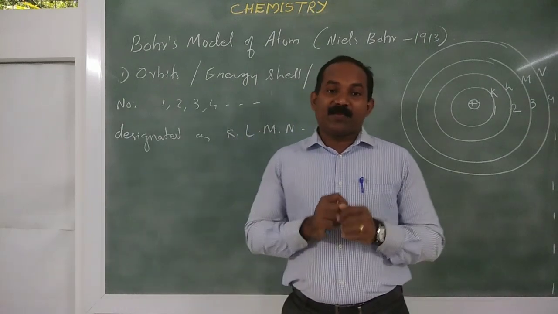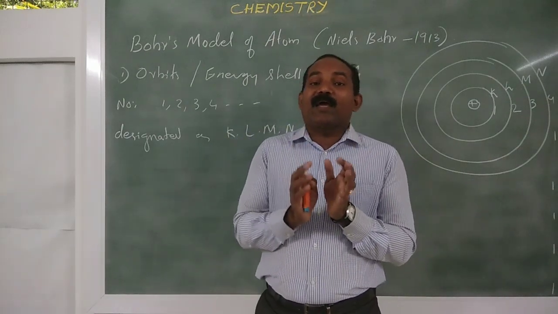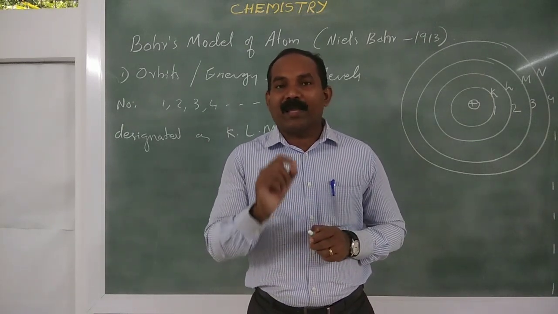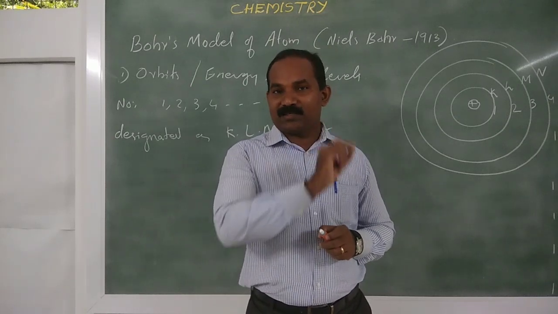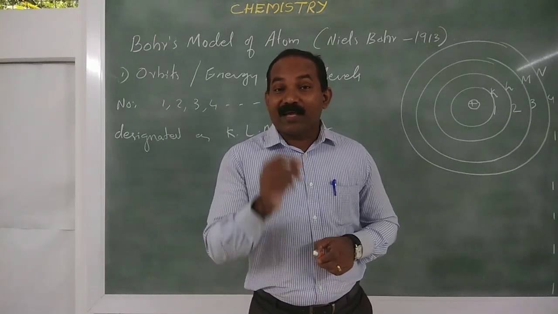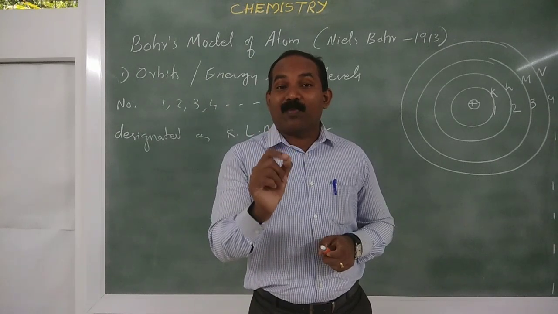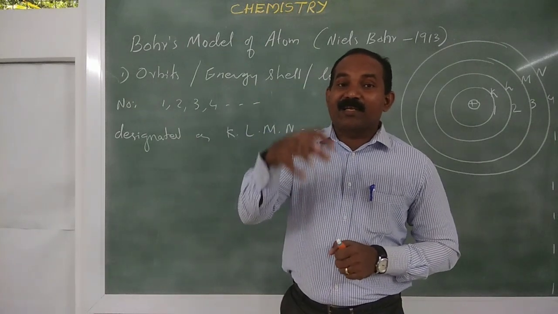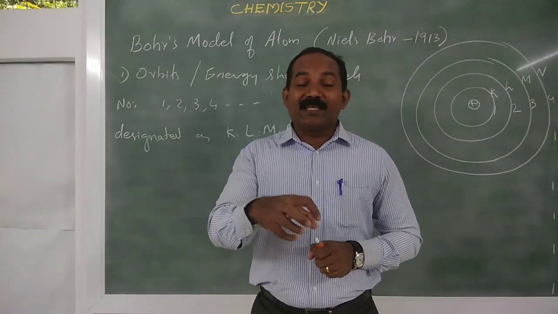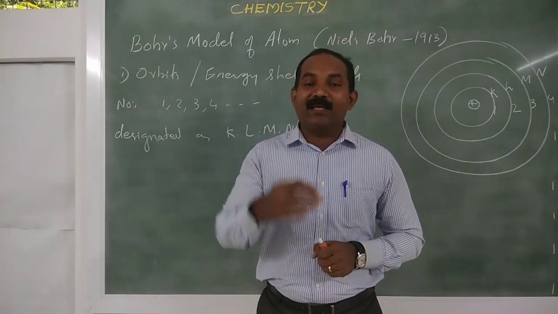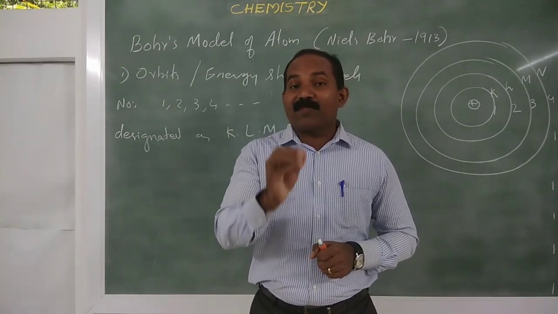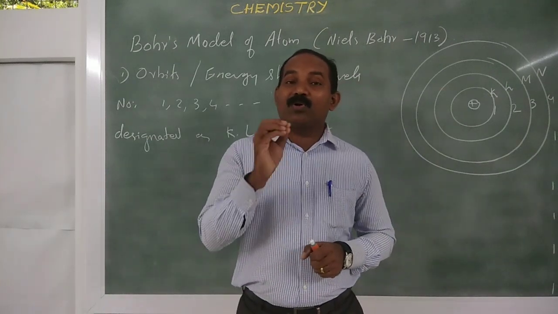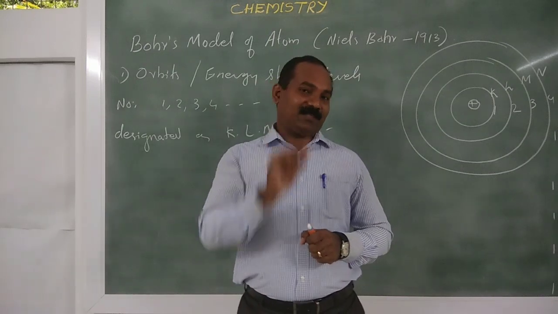This means that the energy of the electron in an orbit is constant. What it means is that the energy of the electron in an orbit is quantized. There is a definite energy for a particular electron. That's why the orbits are also called stationary states.